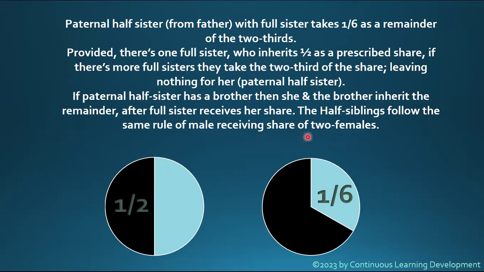So they don't take half. They take whatever is remaining, whatever has been left. In this case, it is one-sixth. They would get one-sixth of the share.